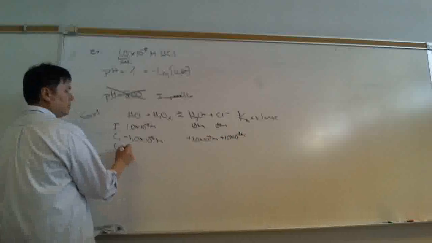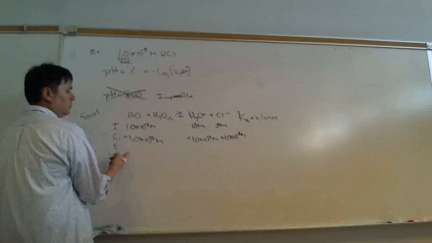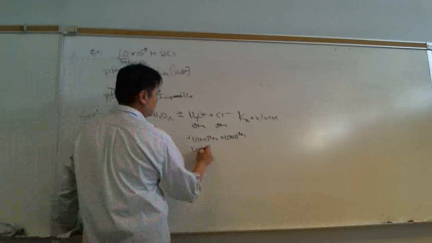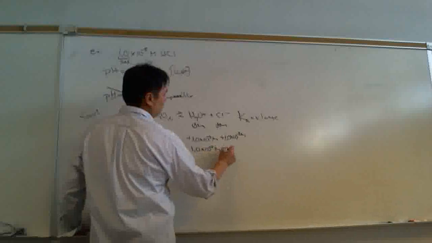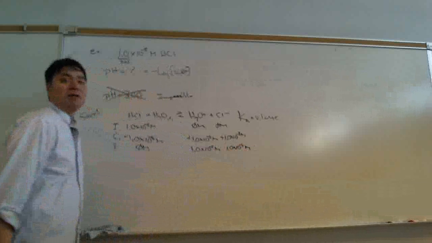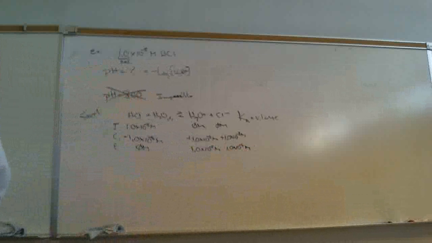And so at equilibrium, how much HCl do I have left over? 0. And 1.0 times 10 to the minus 8 molar hydronium, 1.0 times 10 to the minus 8 molar chloride. Now we don't stop here because there's another equilibrium happening, right?